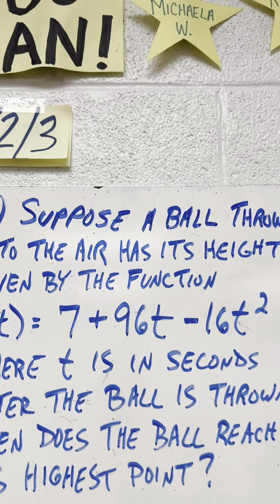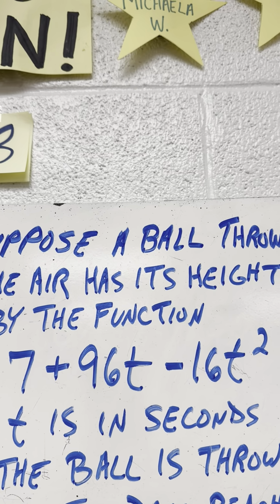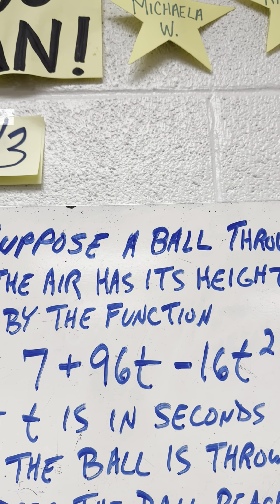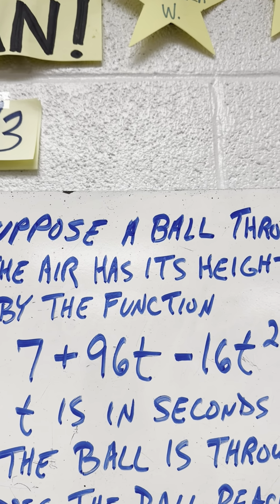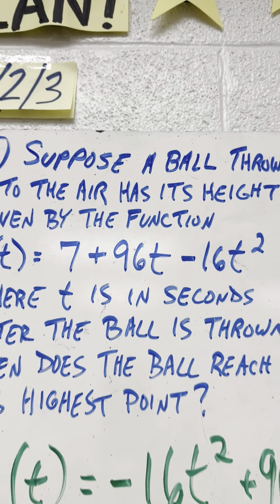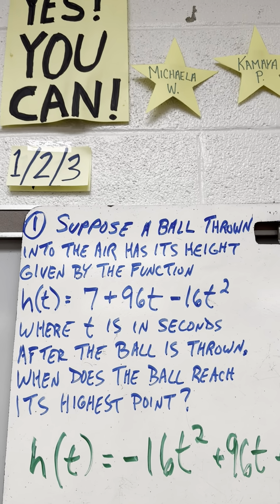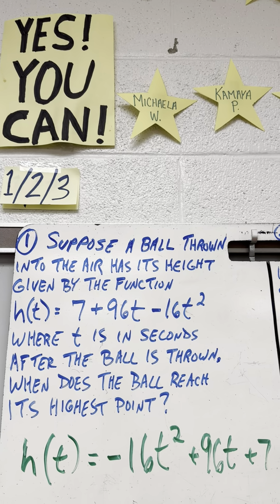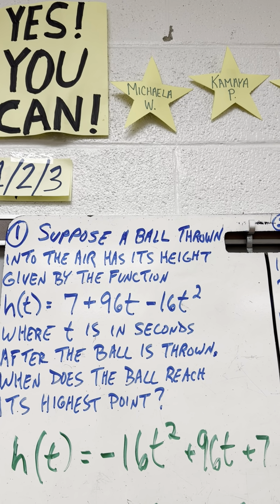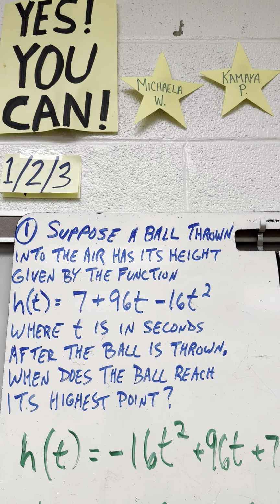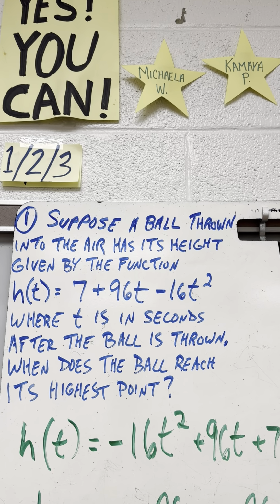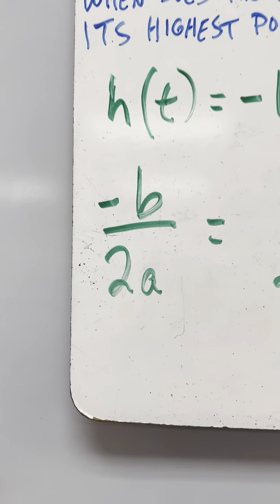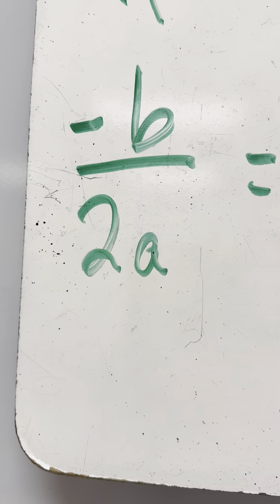Now, keep in mind, you got to take this and put it in order. Like 7 plus 96t minus 16t squared. Let's write that as negative 16t squared plus 96t plus 7. All you need to do for this problem is negative b over 2a. I need you to remember that.